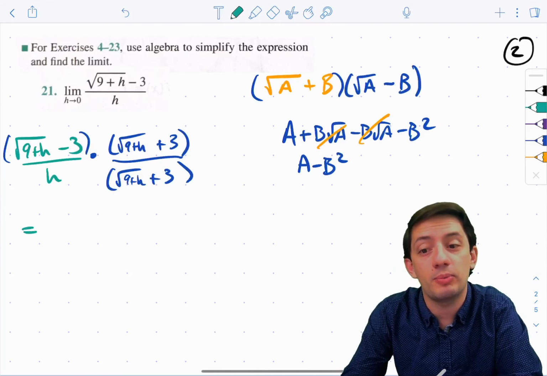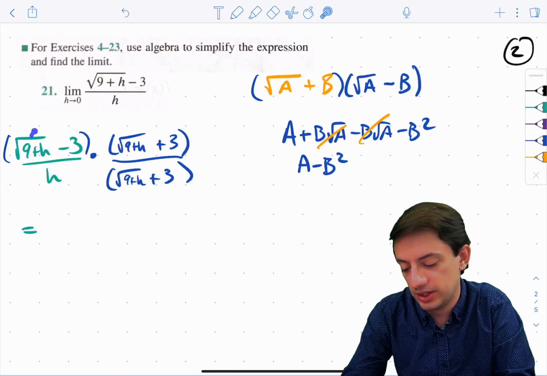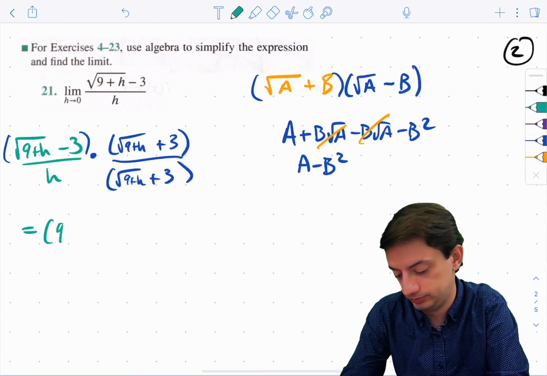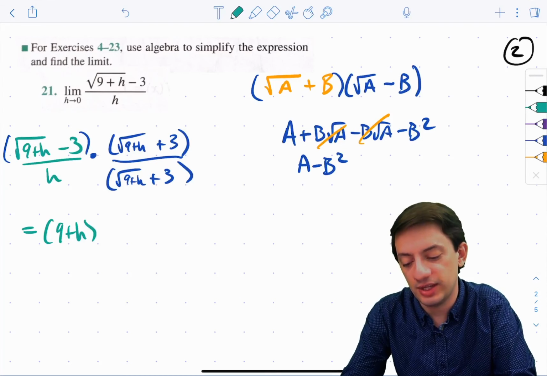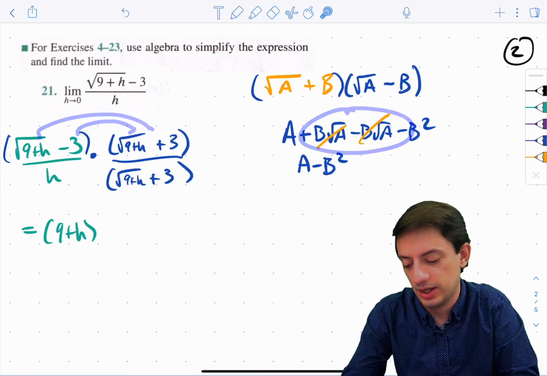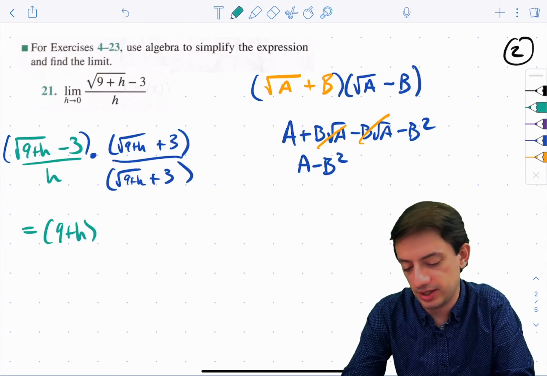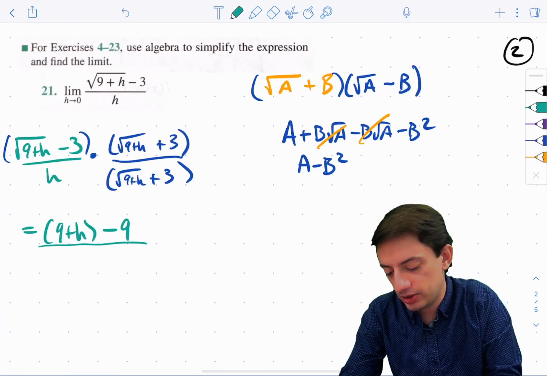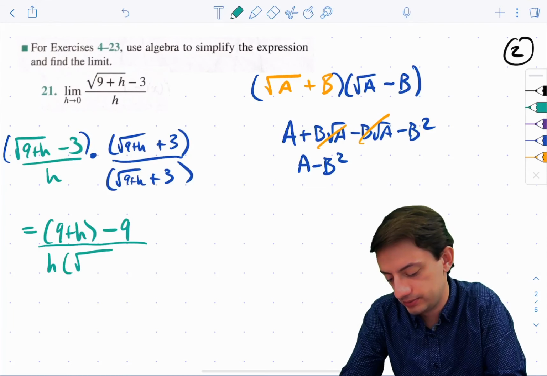So what do we get when we multiply this out? These two multiply out to give me 9 plus h. Then I have the inner term that cancels with the outer term, just like these two here. And then I have minus 3 times plus 3 is minus 9. My denominator is h times this extra term.